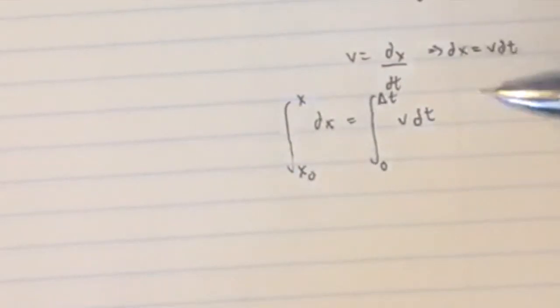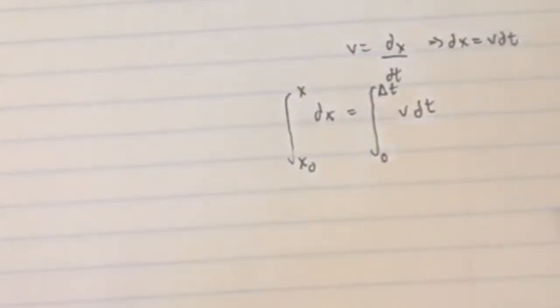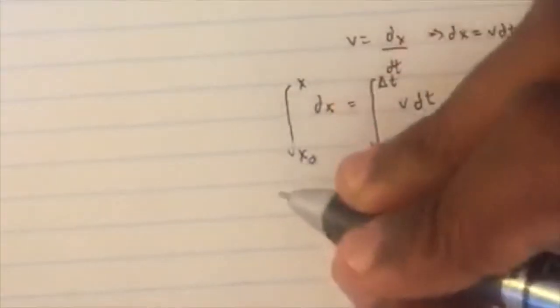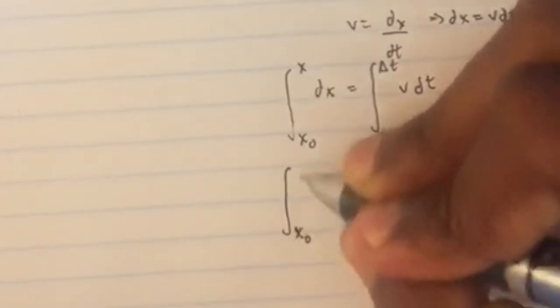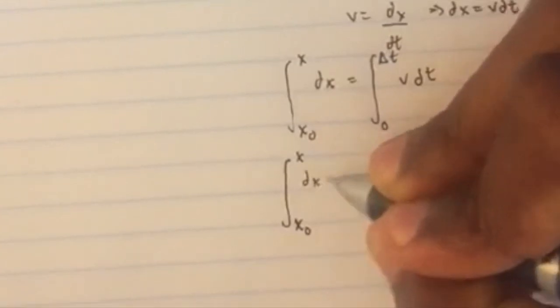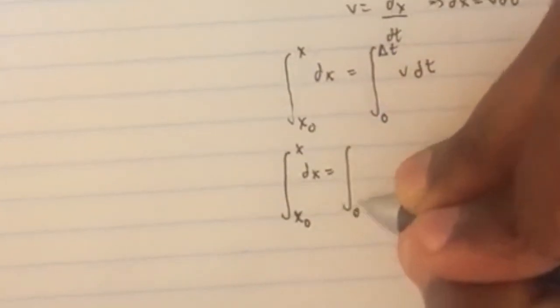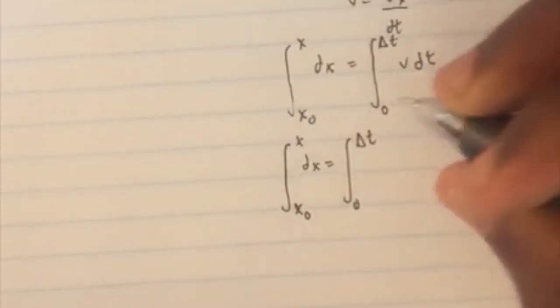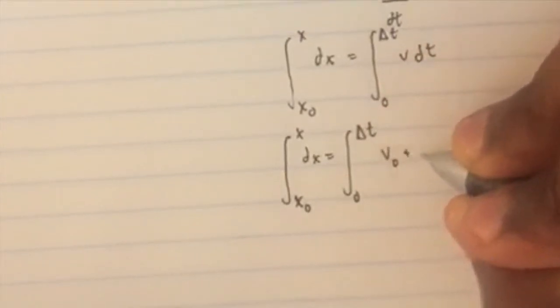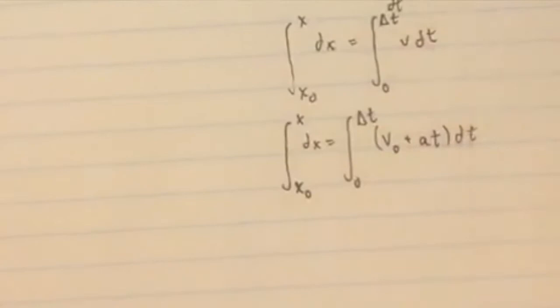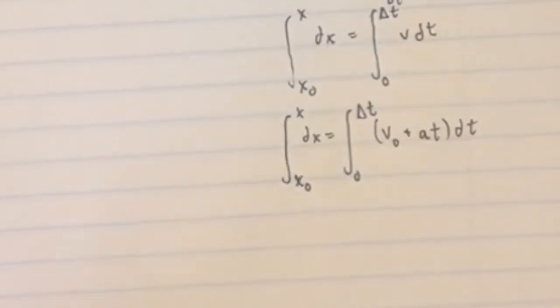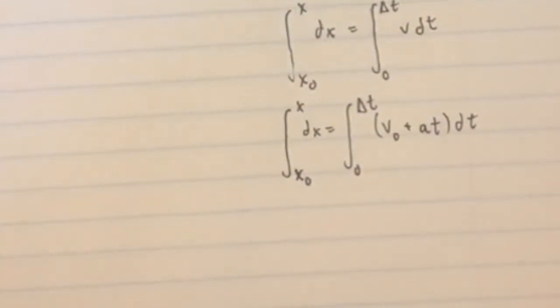We already found the equation of v, so we plug that in here. The equation becomes the integral from x0 to x of dx is equal to the integral from 0 to delta t of v0 plus at dt. And now we have to solve the integral.